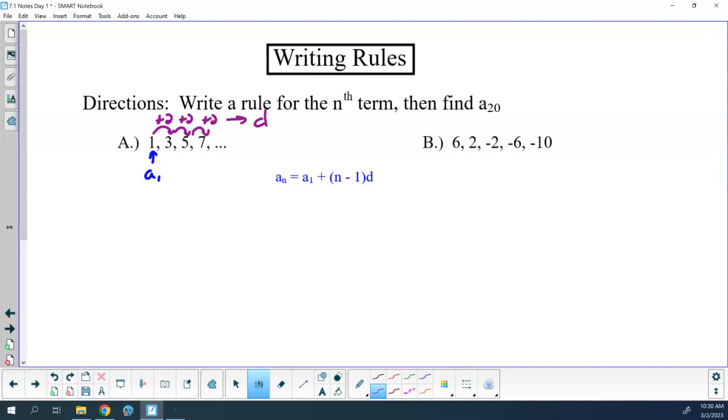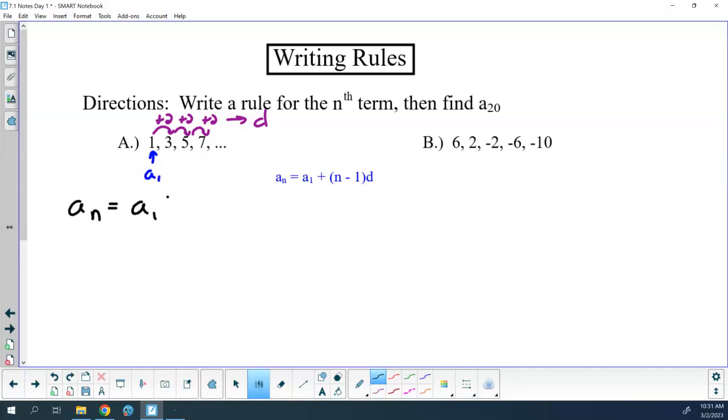So that's going to be my d. When you're making the rule, n stays n, because you're trying to find the rule to find any term number in there. So how this would work out is we would have a sub n equals a sub 1.